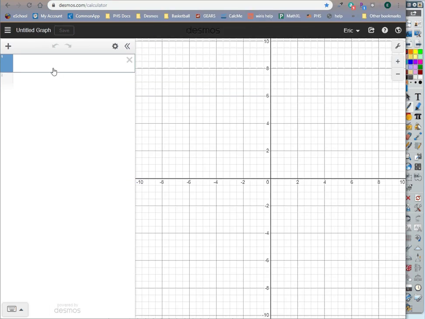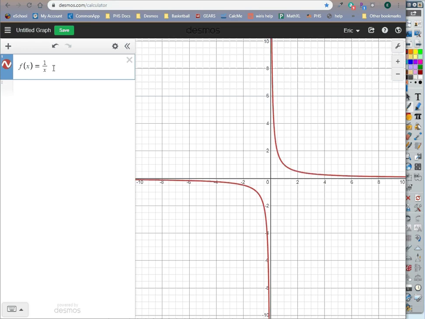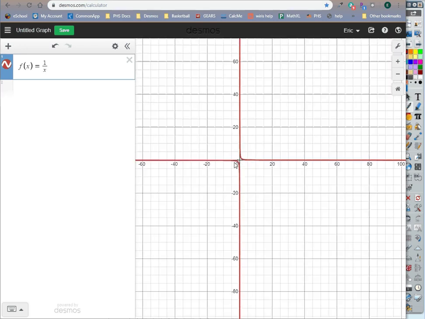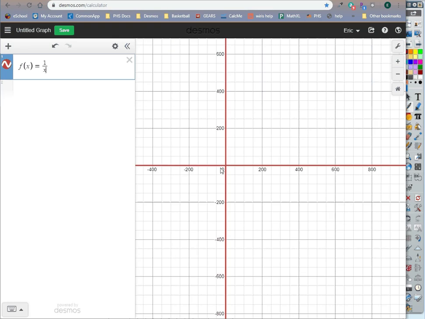If I do f of x equals 1 divided by x, that's it. Can you zoom out a whole bunch? Sure. If I zoom out, what's it do? That's pretty cool.